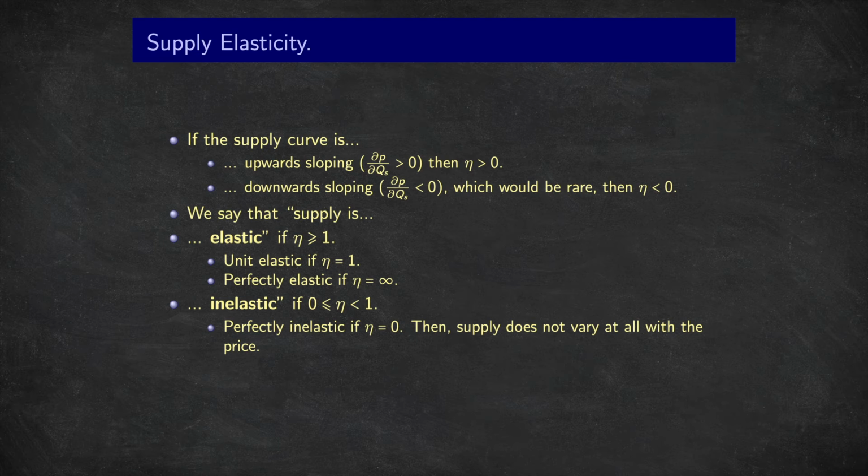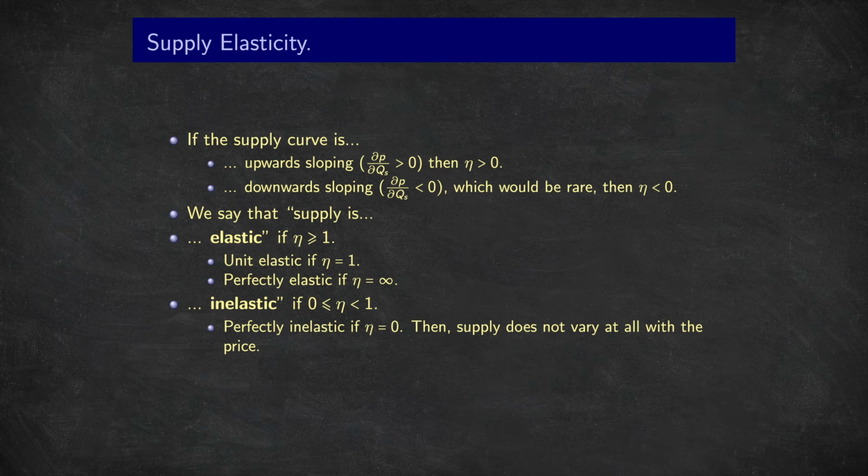Again, this equals infinity case seems unrealistic, but you can well imagine the intuition of a firm that sees the price rise slightly and then wants to supply as much as possible. So it can be a useful assumption. Inelastic supply refers to the case where eta is greater than or equal to 0, but is less than 1.